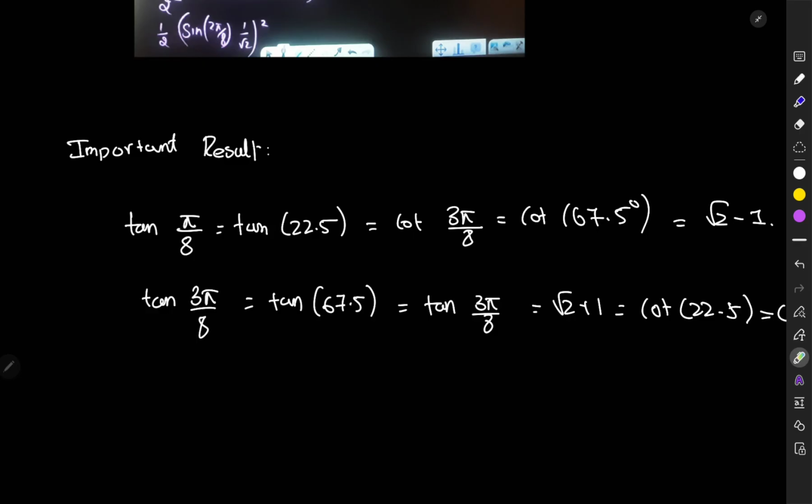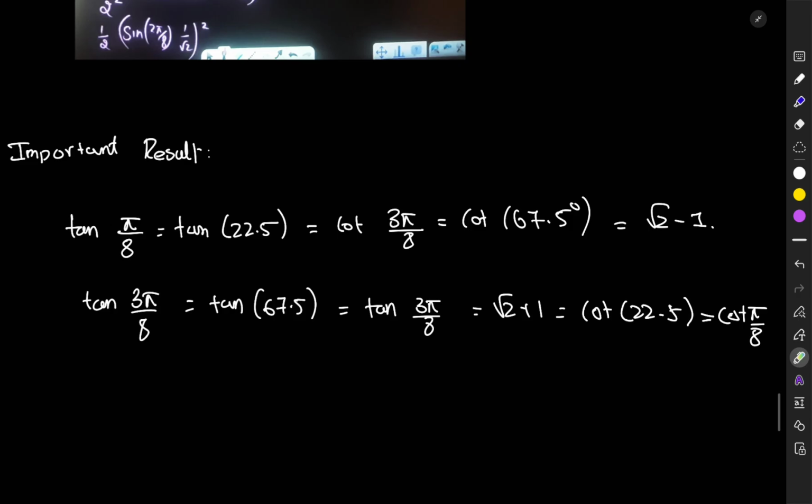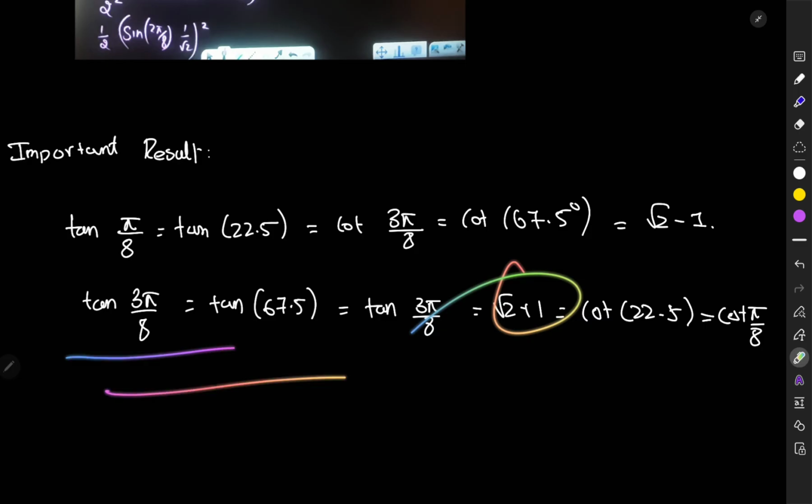Whenever a random value like 22.5 is given, in your mind it won't flash as a known quantity. Whereas if you have seen pi by 8 value given somewhere, but forgot the value, at least you can have that same kind of sensation. Just remember these values. So this is very important in some questions.